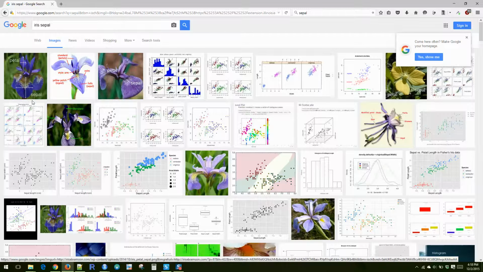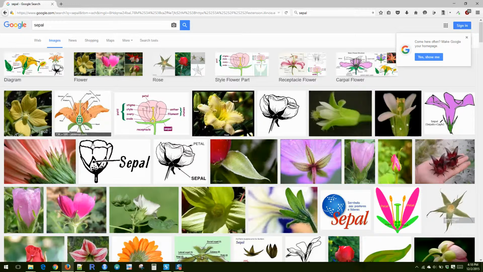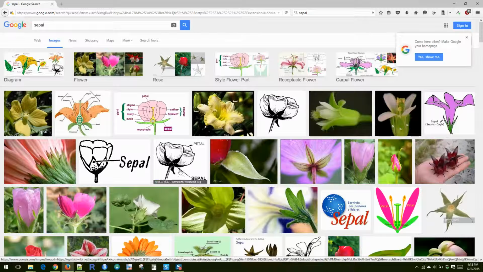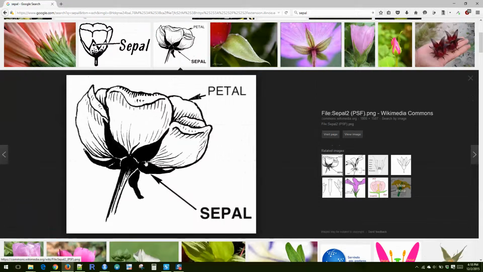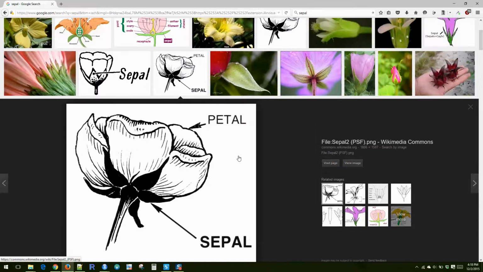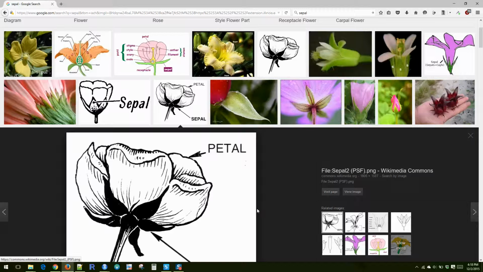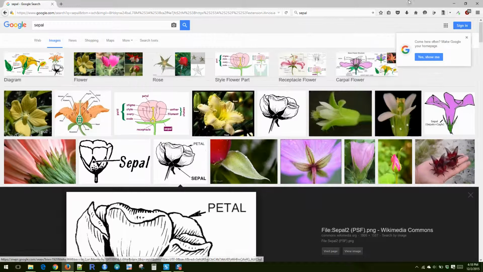It's now so entrenched. So there's different parts of the flower. You've got the sepal, and then you've got the petal. Well, I guess now I don't know which is which. Okay, so you got different parts of the flower.